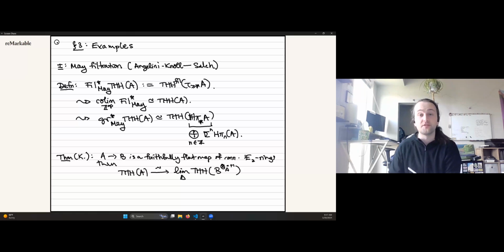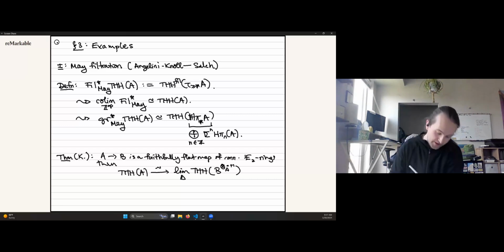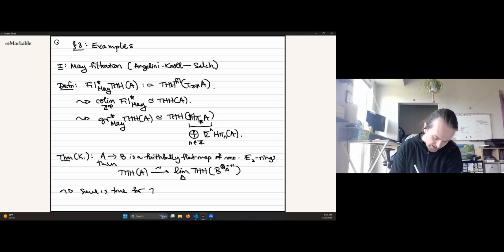And this is an equivalence of cyclotomic spectra. In particular, this tells you that the same is true for TC, TR, TC minus, TP, etc.